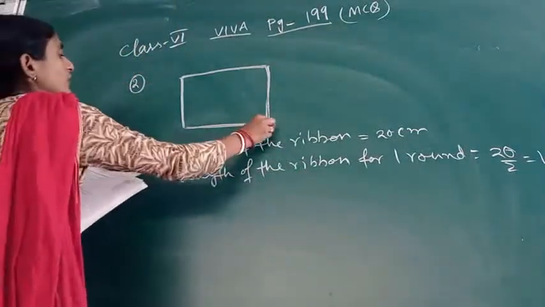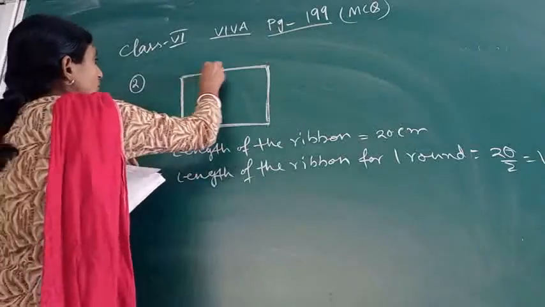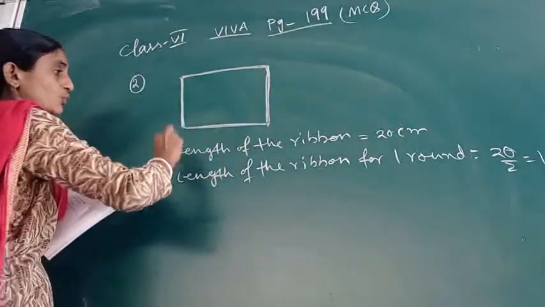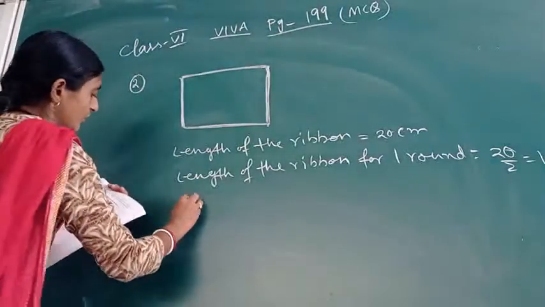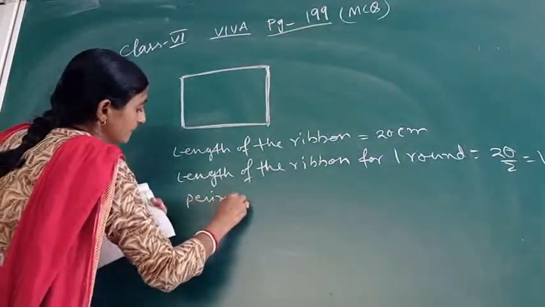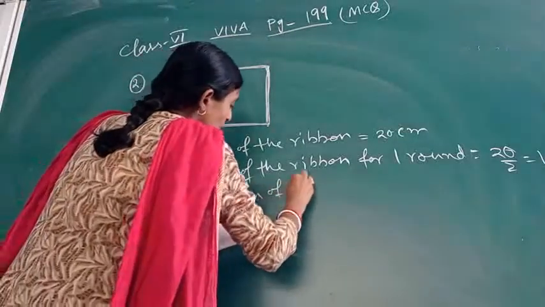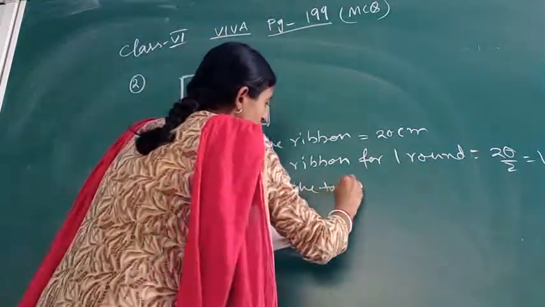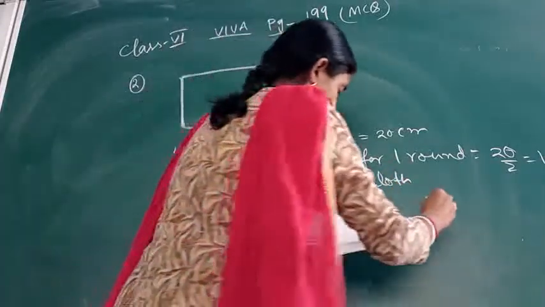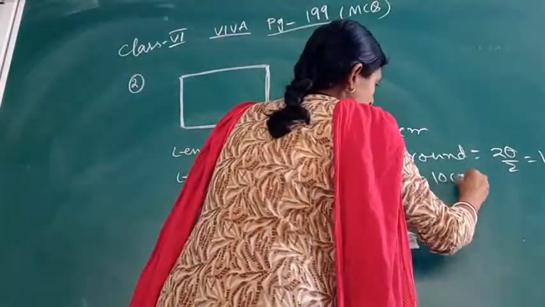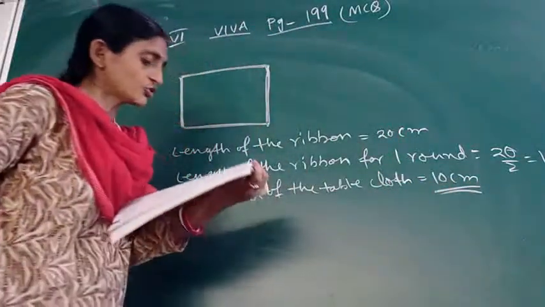That means if you are taking only 1 round around the tablecloth, the length for 1 round is the perimeter. So here your answer will be: perimeter of the tablecloth is equal to 10 centimeter. This much only. Come to the next question.